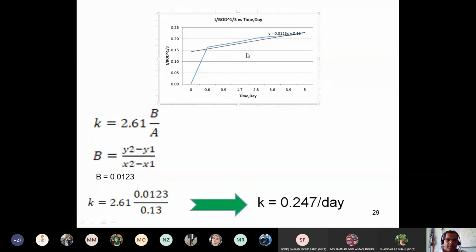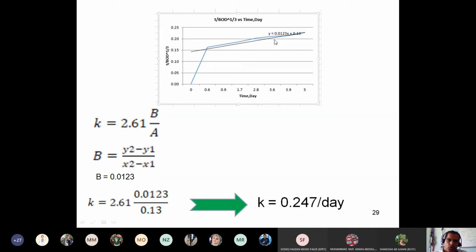I will do also the same. I will take time T and BOD, all to the power third, and then I will draw the points, and then I will make a straight line. If you make this a little bit longer, we come to around 0.13 here. So slope, I calculate from 2 points of this line.